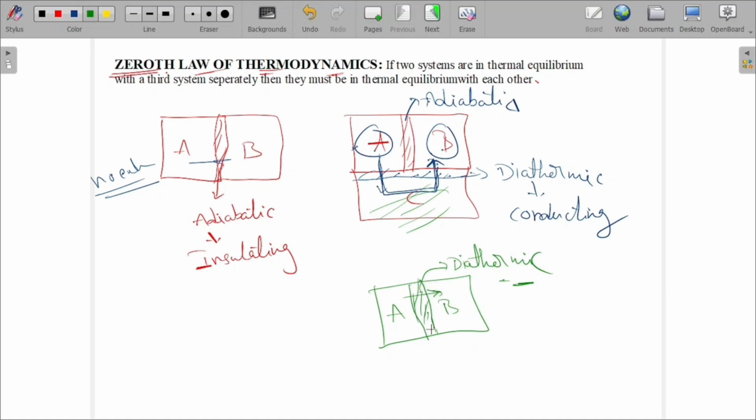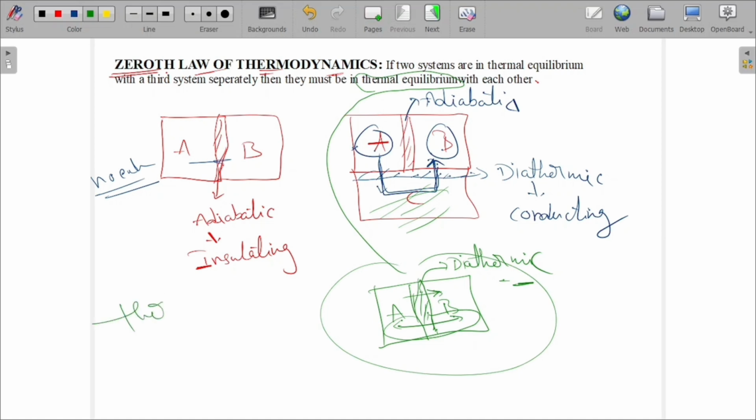But does it transfer? After removing C, this temperature and this temperature are constant, so no flow of energy takes place. There is no flow of energy because the system is in thermal equilibrium. That's why there is no transfer of energy.